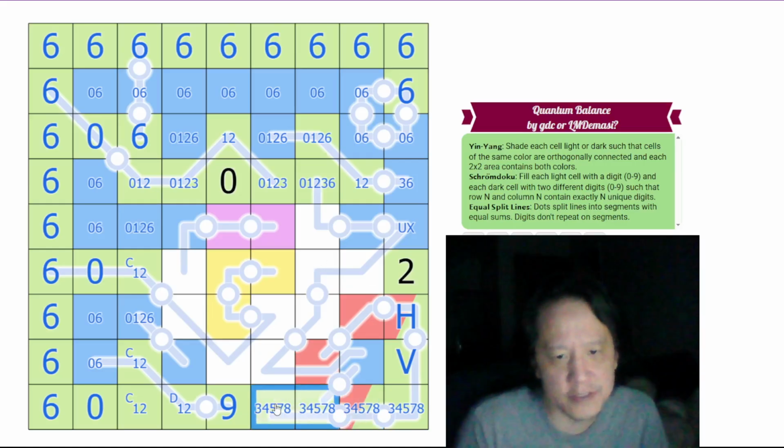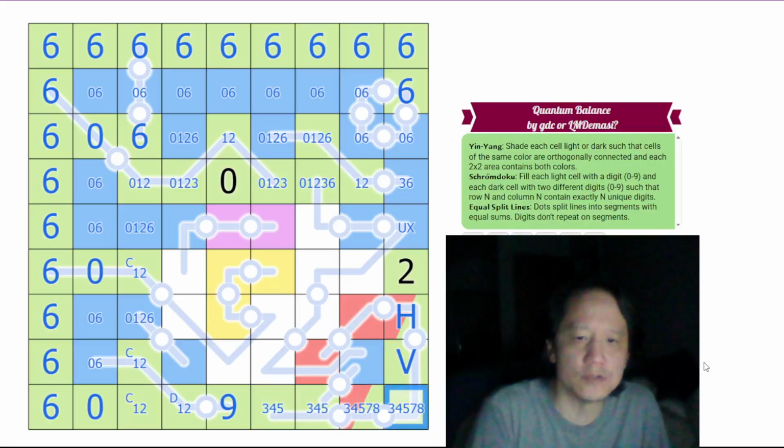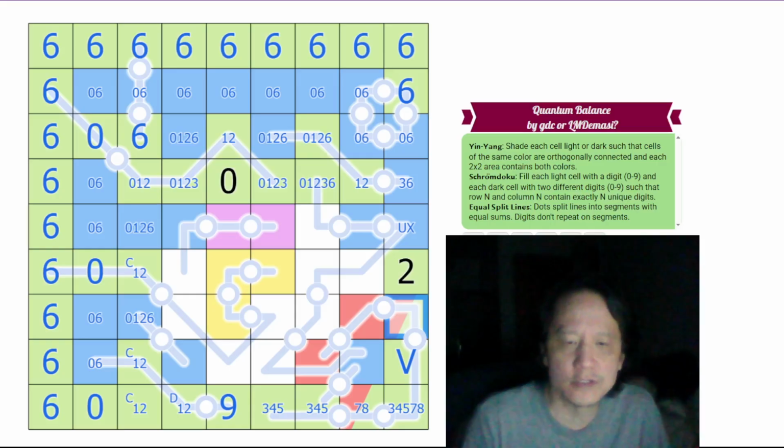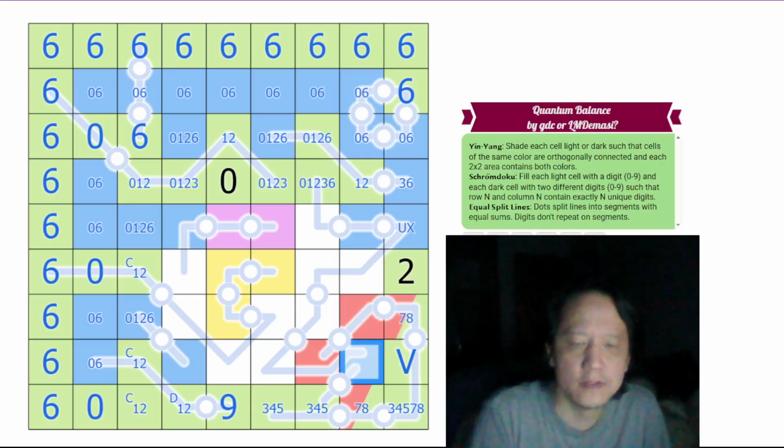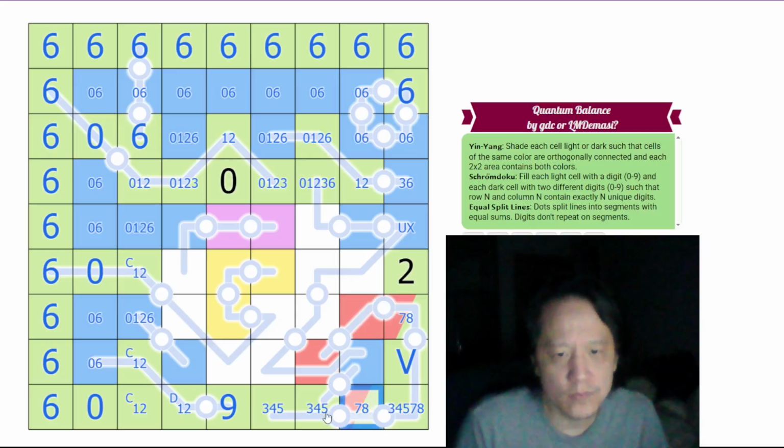Obviously this can't. This sums to 3 and 4. So this could be 3, 4, or it's 3, 5. Adding up to 7 or 8. So this is the same digit. So this is 7 or 8. So we're guaranteed 3 here.